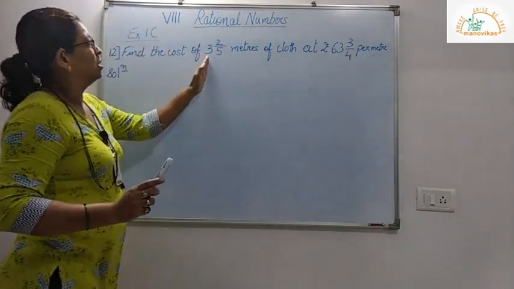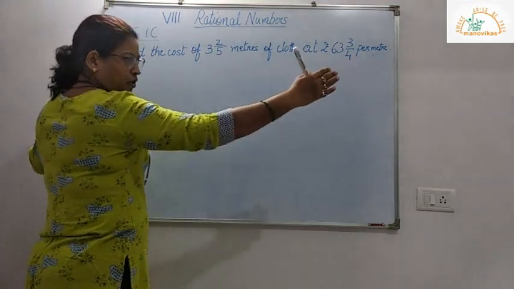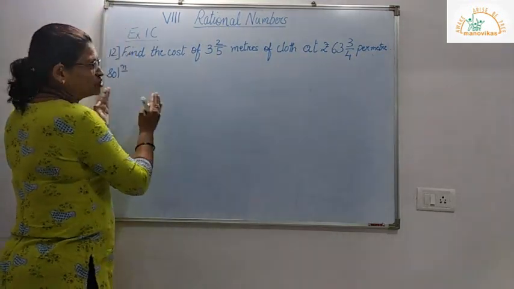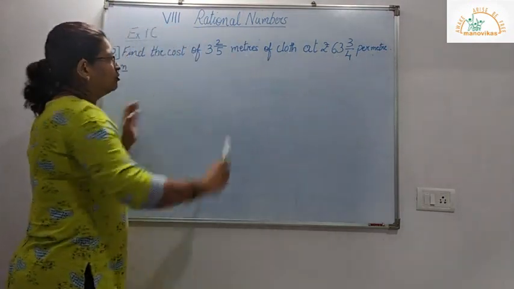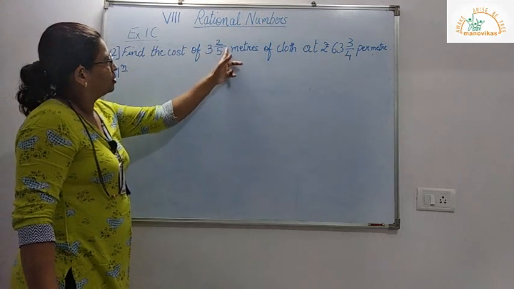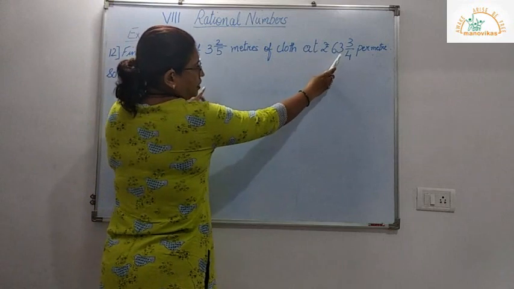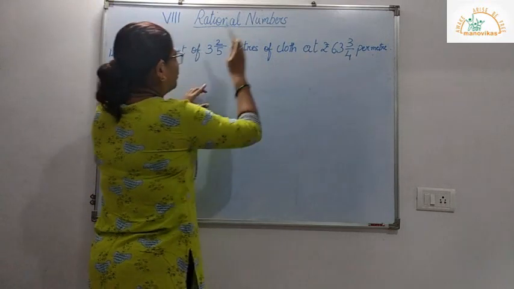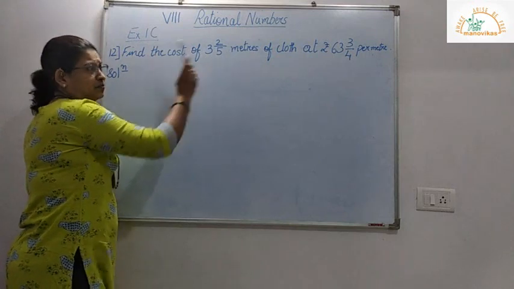So if we want to find the rate for this 3 2/5 meter cloth, then we have to multiply the per meter rate with the cloth in how many meters it is.